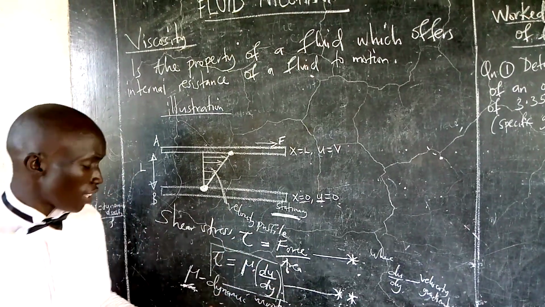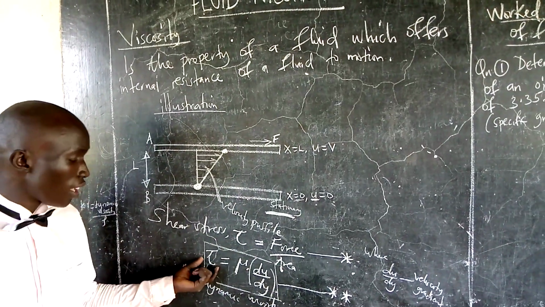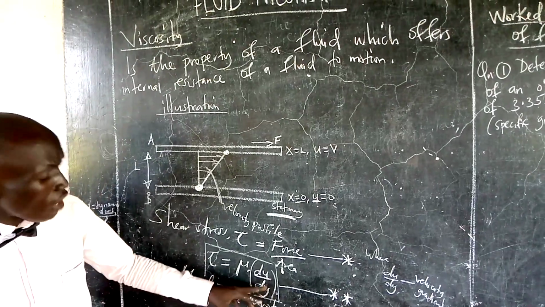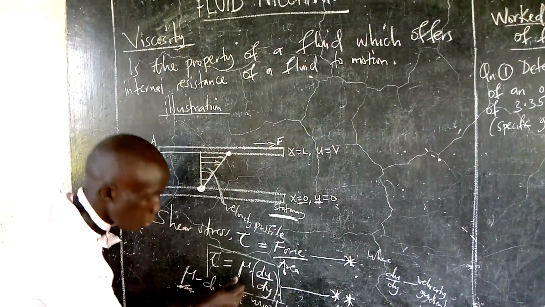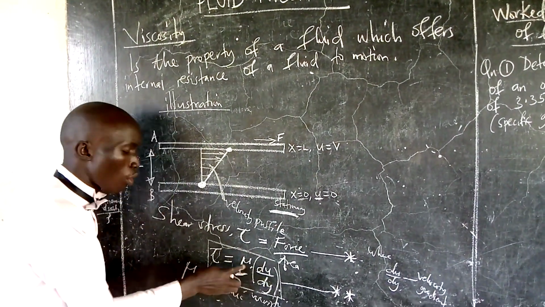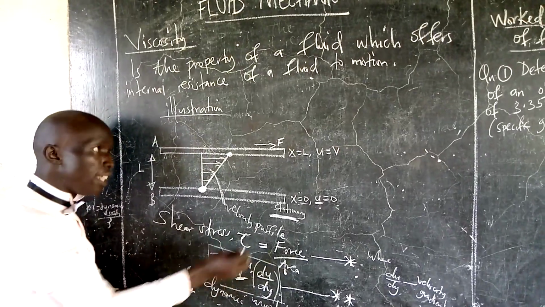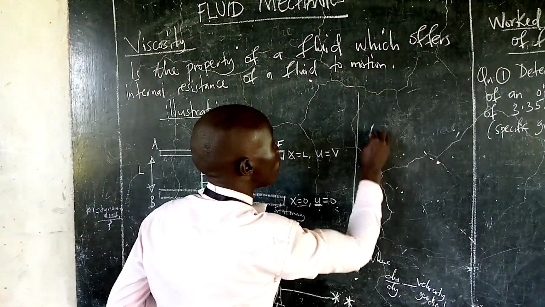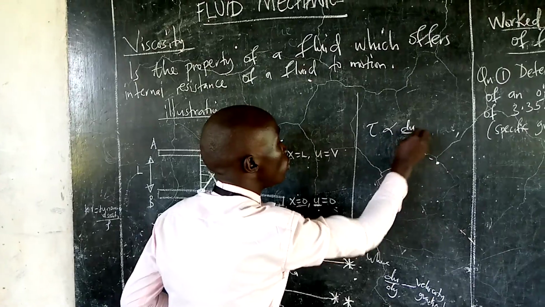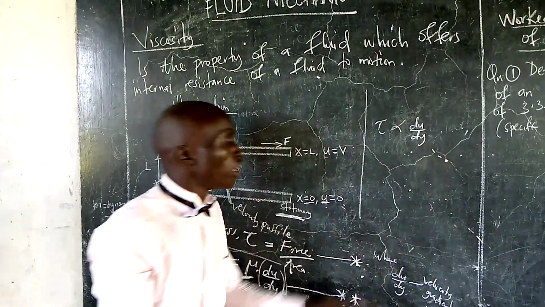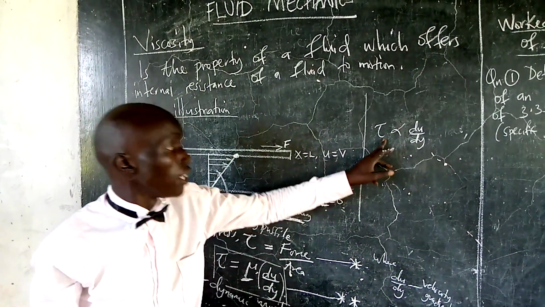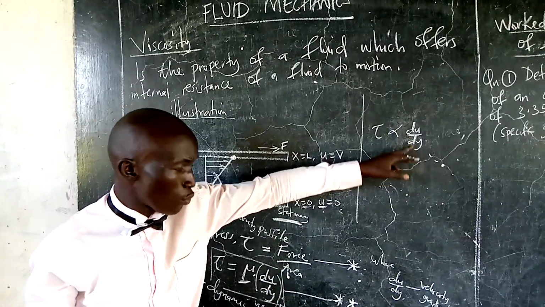Or you can simply say the shear stress acting on the fluid layers is proportional to the velocity gradient, because mu is definitely constant, like K. This is a constant of proportionality. So our tau is directly proportional to du dy. This is what we call Newton's law of viscosity. The shear stress is proportional to the velocity gradient.